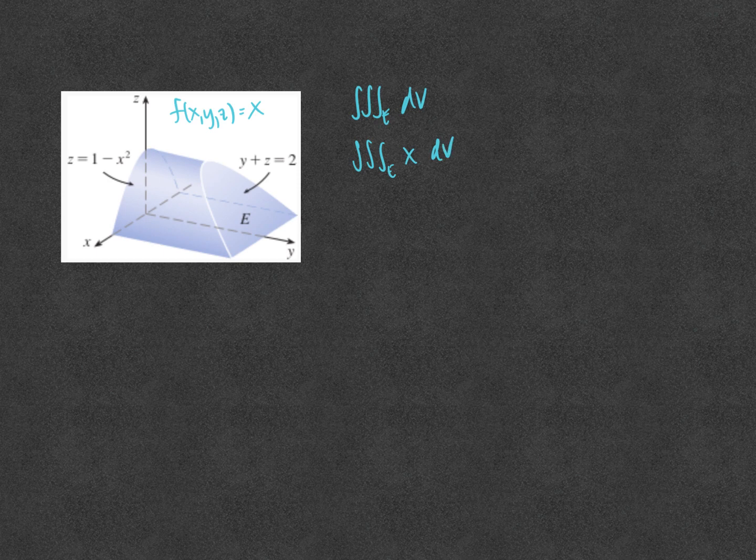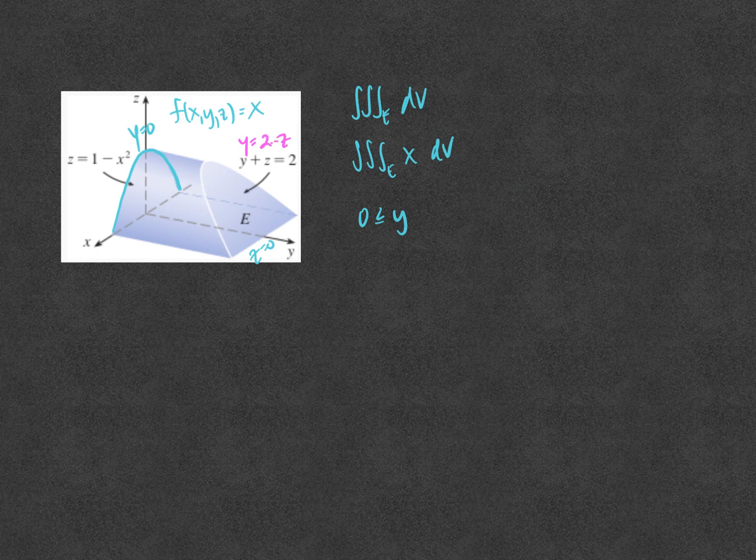Now if we look at this, it sits on the xy plane, and since it sits on the xy plane, this means that z equals 0 is the bottom of the base, and it sits against this plane over here in the backdrop, the xz plane. So that means over here we have y equals 0. So when we look at these bounds, we know that y is between 0 and, let's solve this one for y, y equals 2 minus z.